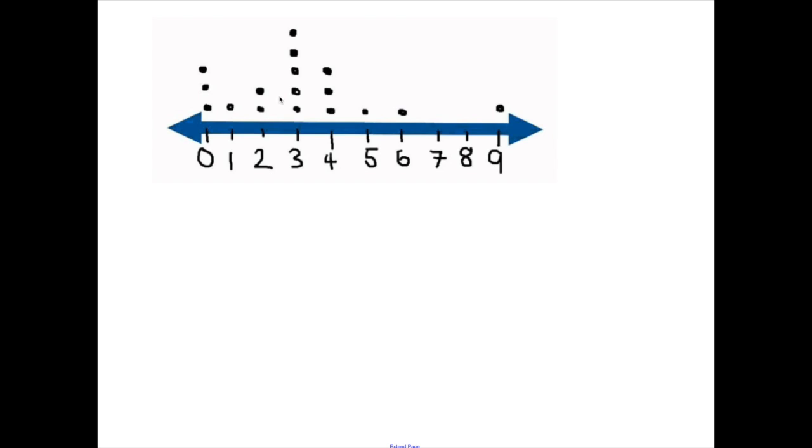So here is a dot plot, and in this dot plot we have a nice little distribution of data. What we're going to do is the shape, outliers, center, and spread. Before I do this, I do want to reiterate that with SOCS, some things are definitely not open to interpretation and some things are. It depends on your particular dot plot.